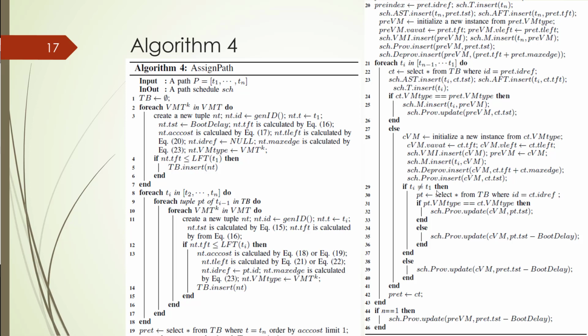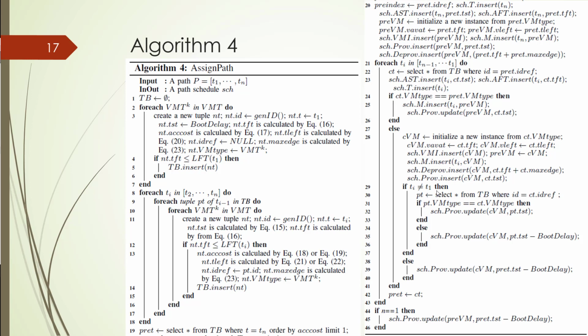And if the task is not the first task, it will again calculate all of the IDs that are equal with the ID reference, and for the PT whose virtual machine type is equal to the virtual machine type of the CT, its provisioning time will be updated.